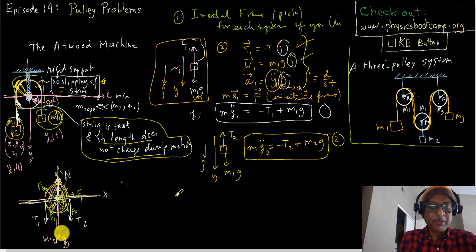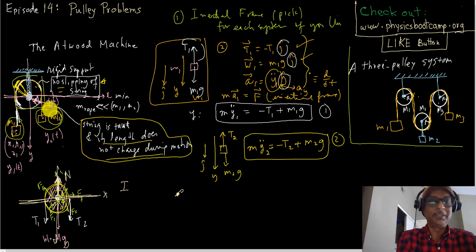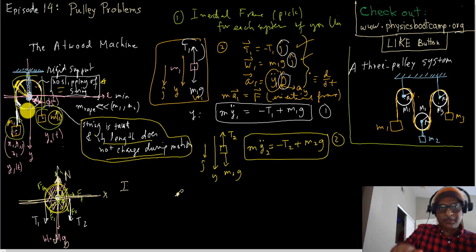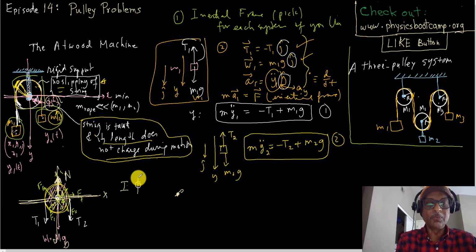The rotation will be I phi double dot, this angular acceleration, where I is the moment of inertia of the wheel, equals all the torques from all these forces.